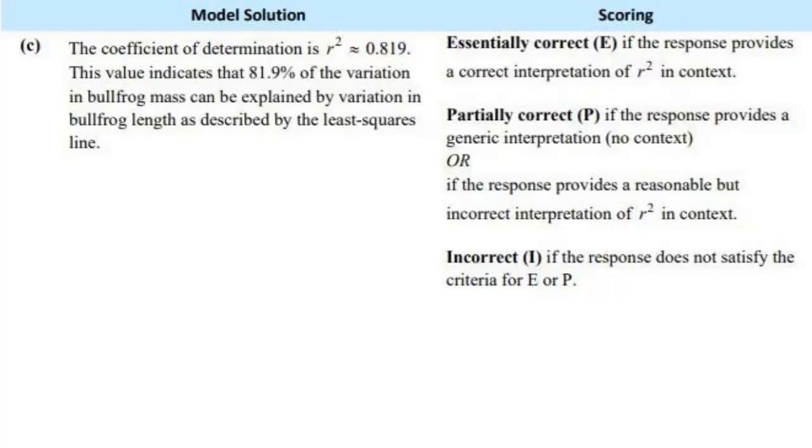Unfortunately, because they don't have, let me see. Yeah, they don't reference the variables, unfortunately, so that's an I.